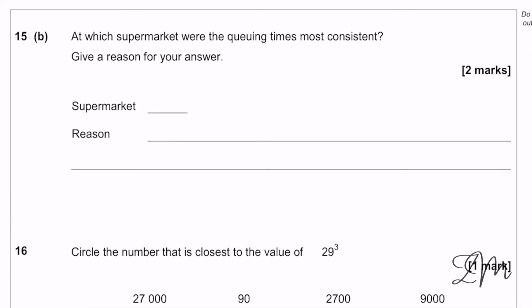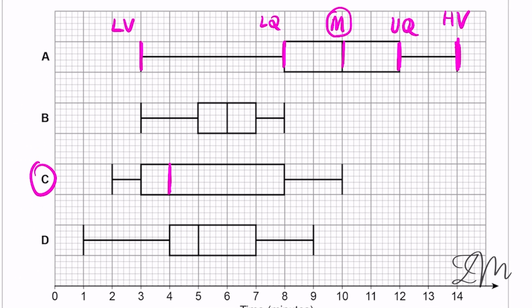And when we talk about consistency, so now the next question is at which supermarket were the queuing times most consistent? So let's think about what we mean by consistency. Consistency in this case is the interquartile range, which is the difference between your upper quartile and your lower quartile.